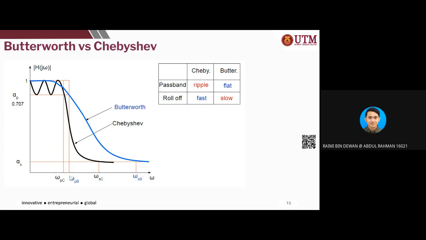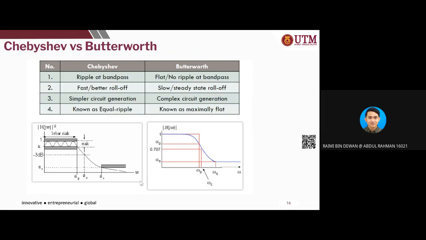And omega PB is the passband frequency for Butterworth, shown in B. Omega SC is the stop band frequency for Chebyshev filter, shown in C. And omega SB is the stop band frequency for Butterworth, with B here. So again, next we try to look in detail at the differences, comparing and contrasting these two types of filter response.